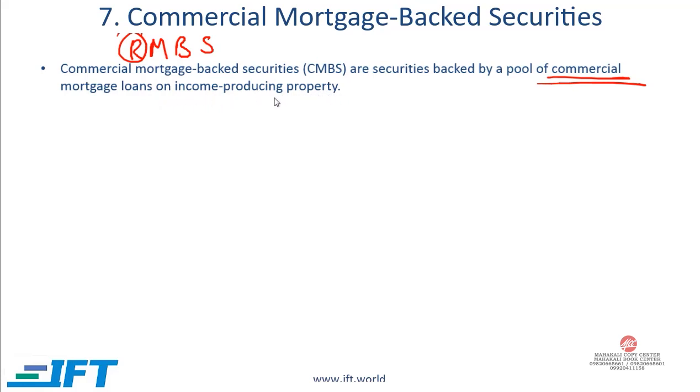In alternative investments, we spend a lot of time discussing income-producing property and how to evaluate such property. In simple terms, properties such as office buildings or retail plazas would be examples of commercial income-producing properties.